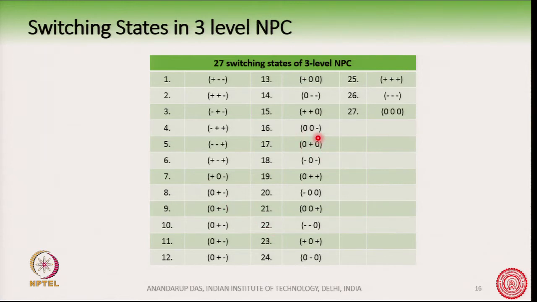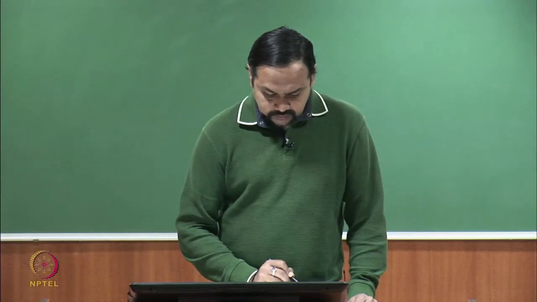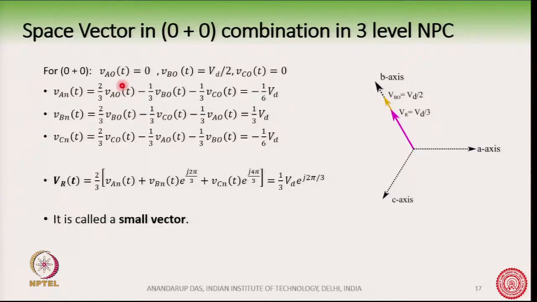see, for example, this number 17, 0 plus 0 is one of the possibilities, one of the switching states of the converter. So, this 0 plus 0 means that VAO, the pole voltage, is 0, VBO is Vd by 2, and VCO is 0.